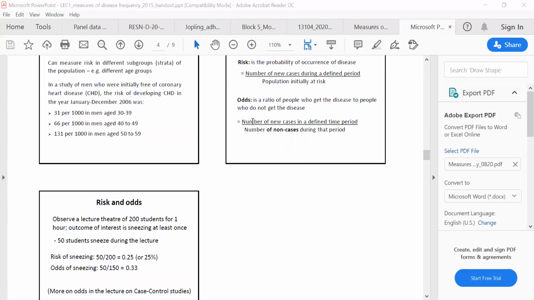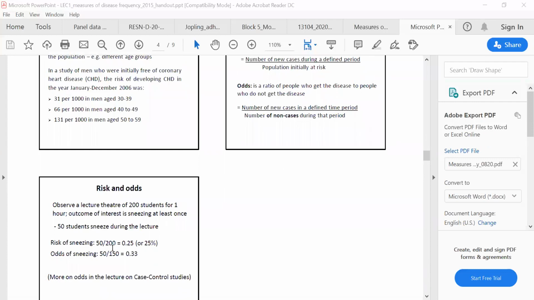Then what is our odds? Odds is the number of new cases over the number of non-cases. During this period, we have 50 cases out of the 200 who sneezed, then 150 did not sneeze. So the odds is 50 over 150. You get 0.33.